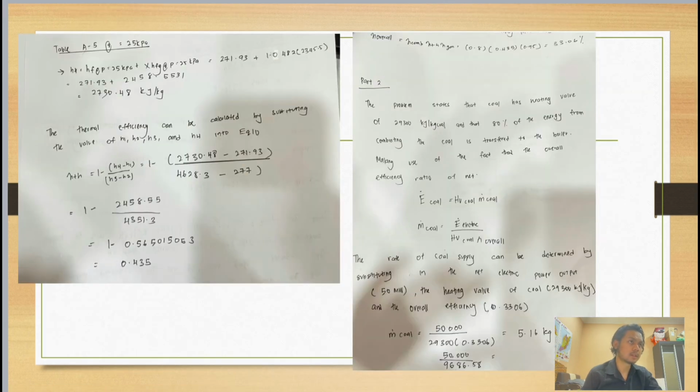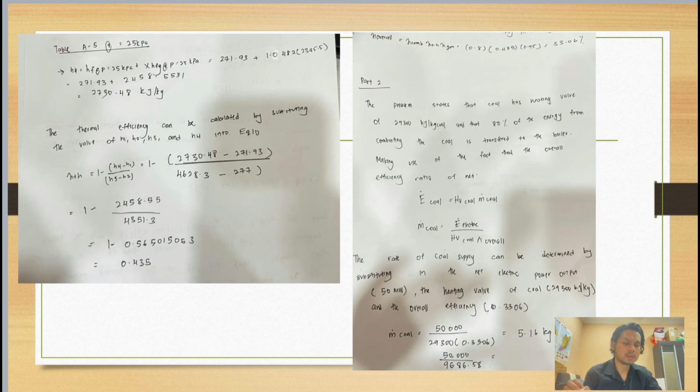So the next is we must go to 25 kilopascal in table A5, because the enthalpy at state 4 can be determined by interpolating using the quality between the saturated liquid and vapor states at P of 25 kilopascal in table A5. So for H4, we just use the formula: HF at 25 kilopascal plus X4 times HFG at 25 kilopascal.